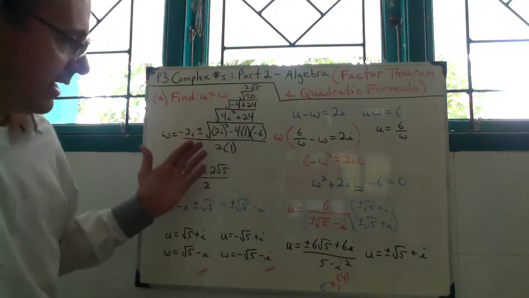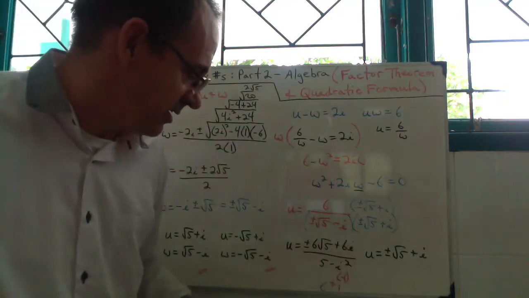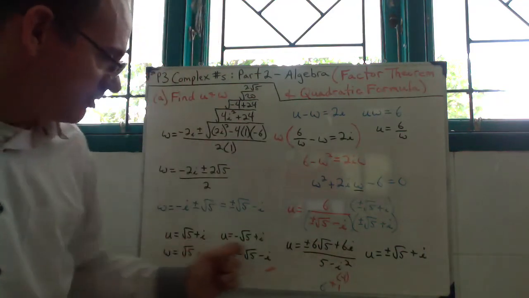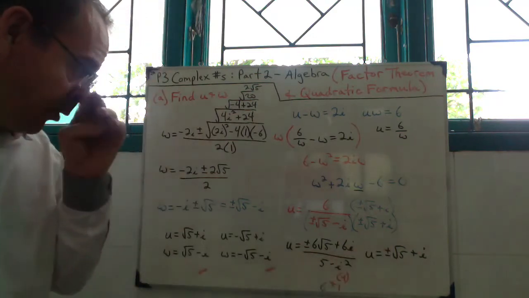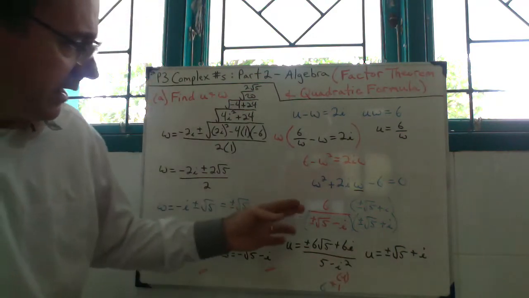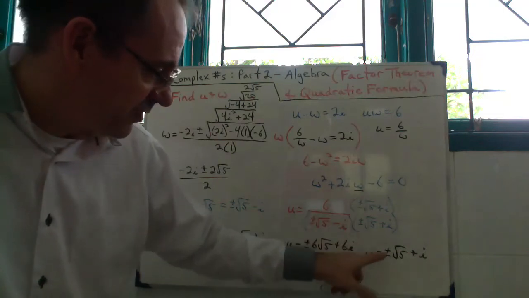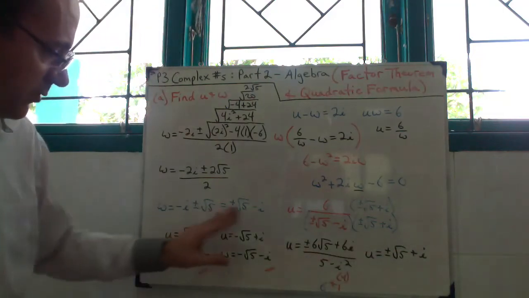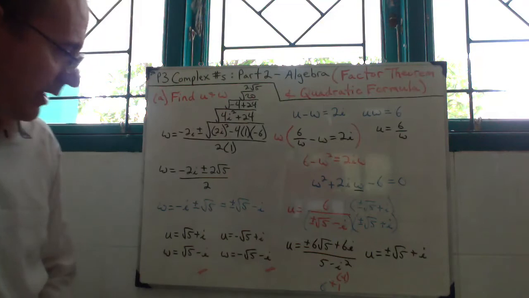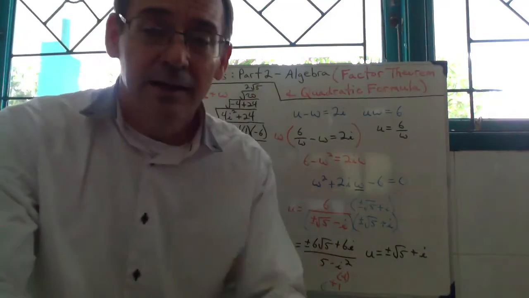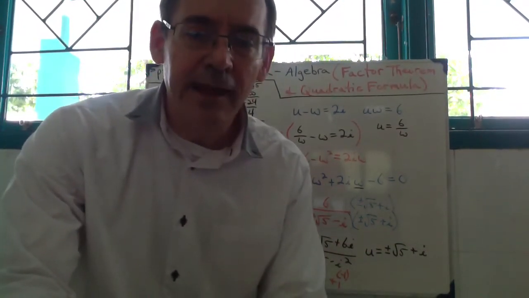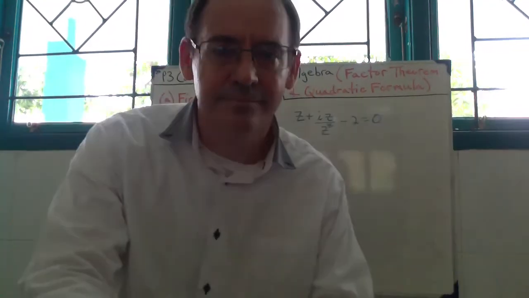So you have the quadratic formula, you have rationalizing the denominator. Just keep track of your plus and minus so that you know which one goes with which. But everything stayed in the same order. So the positives went together and the negatives went together. Okay, I got one more for you, and let's see what it looks like.